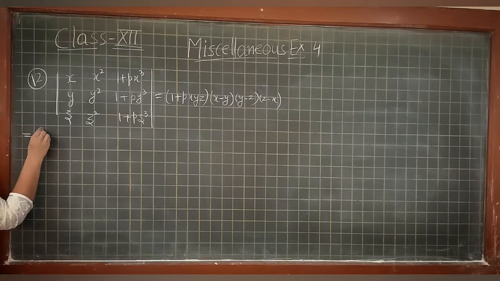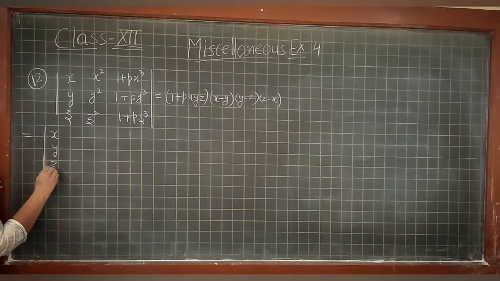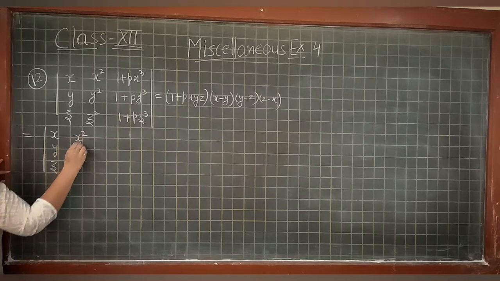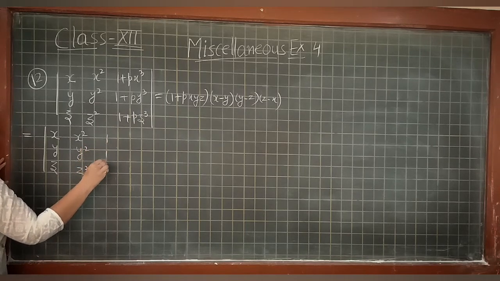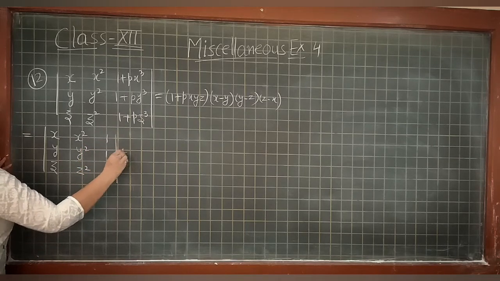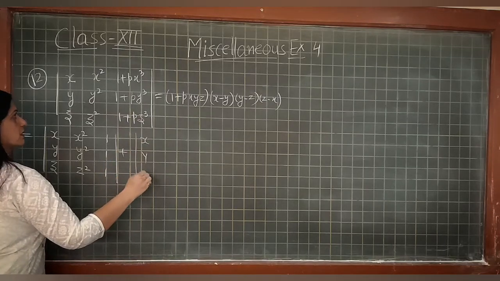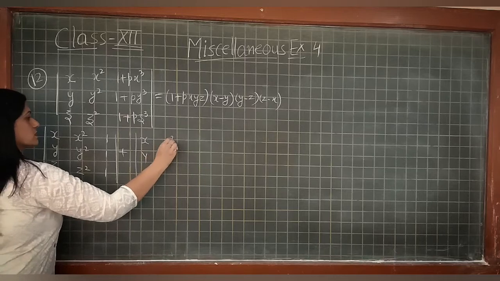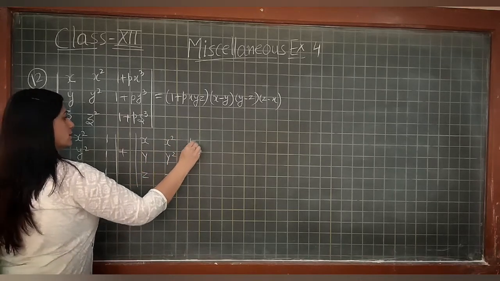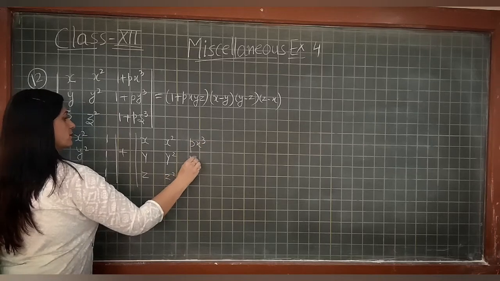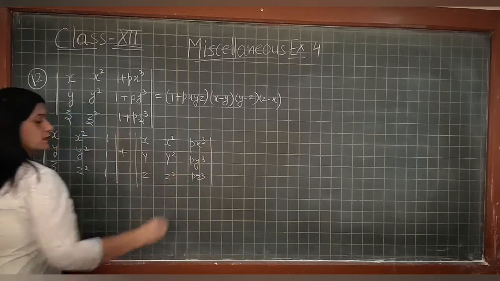So now you can write this determinant as x, y, z, x square, y square, z square, and 1, 1, 1 plus again x, y, z, x square, y square, z square, and px cube, py cube, and pz cube.